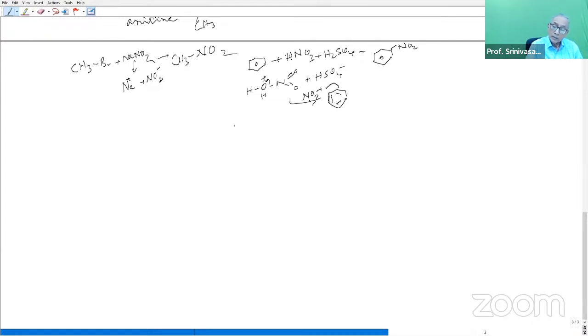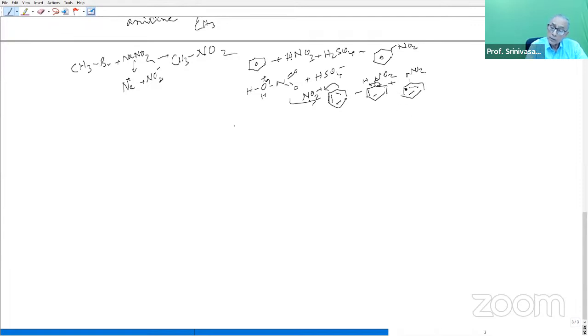One of the double bonds moves and gets attached to the nitro group. So this H is removed as H plus, and the ring becomes aromatic again. Here it is disturbed from aromaticity. Now it becomes aromatic to form nitrobenzene.